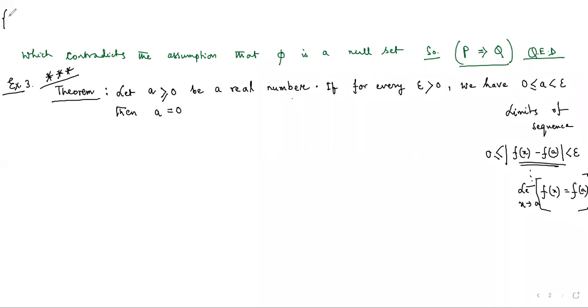If I take this sequence of numbers, we can find out the limit of the sequence, limit n tending to infinity, 1 by n minus 0, is equal to 1 by limit n tending to infinity, 1 by n, is equal to 0.